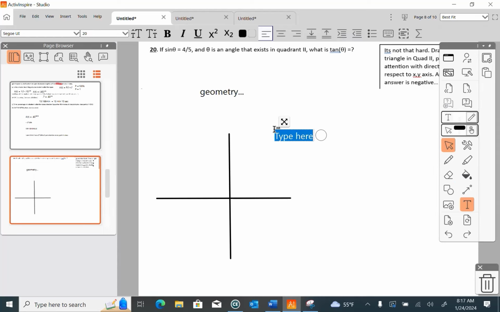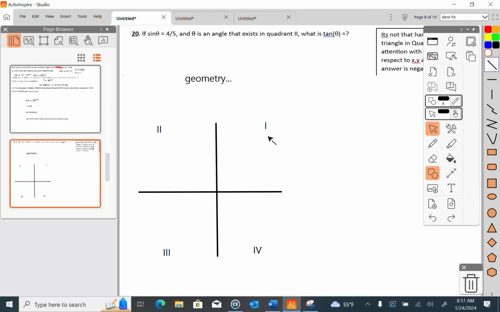Your quadrants are labeled 1, 2, 3, 4. It's most kids' experience with Roman numerals right there. Anyways, we're in quadrant 2. So I'm going to draw a triangle in quadrant 2.